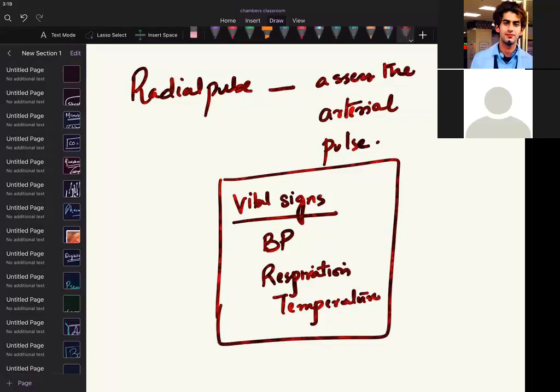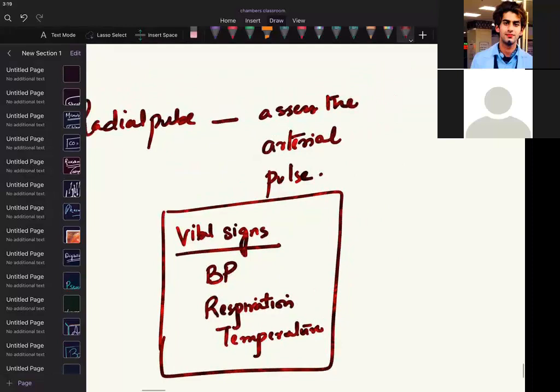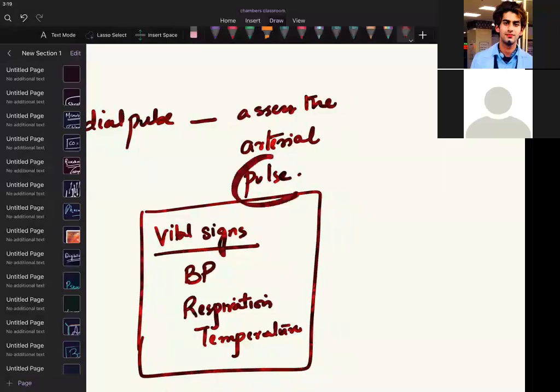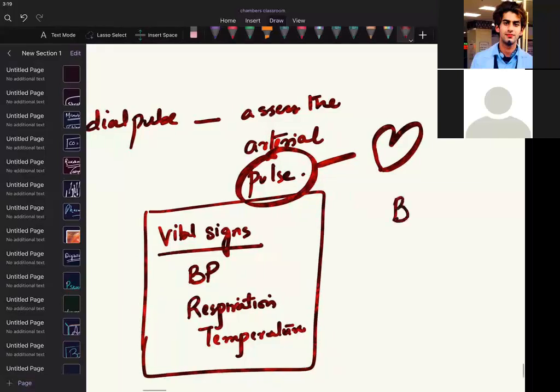So if I am checking this radial pulse, can I say that I am actually evaluating the functioning of the heart? If I am checking the pulse, is it telling me about the heart? Yes, it is telling me about the heart. Is it telling me about the hemodynamics, for example the BP? Is it telling me about the blood vessel status, meaning how is the blood vessel? For example, I have some diseases in which I have calcification of blood vessels.